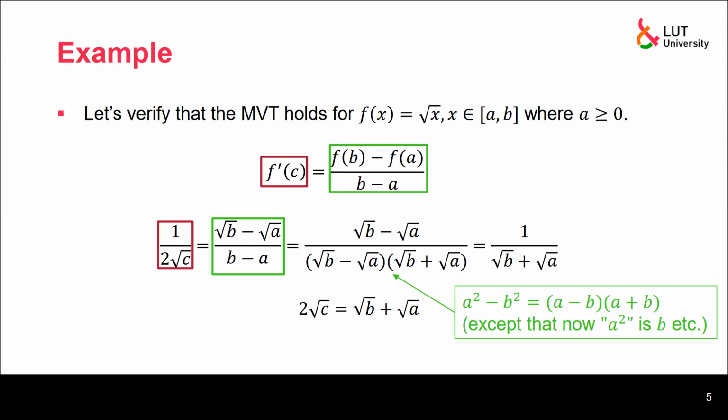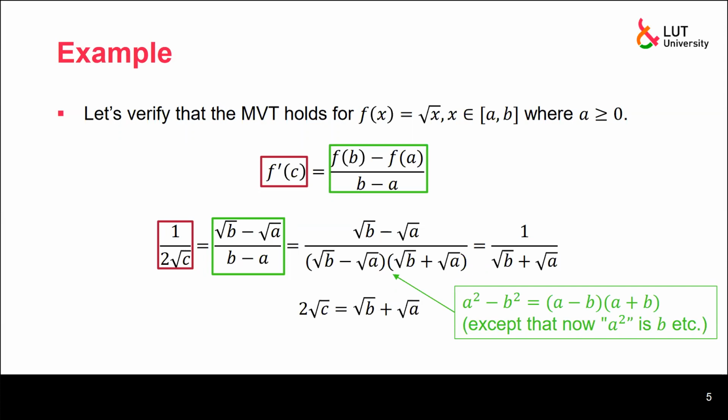So let's have a function. This is just the square root of x. And we don't know what the endpoints are, but we require that it is larger than or equal to 0, so that we don't end up in funny stuff with the domains. So we mark the function there.